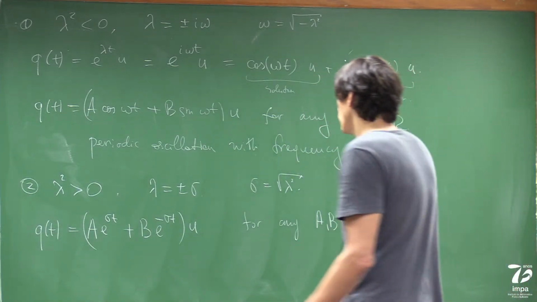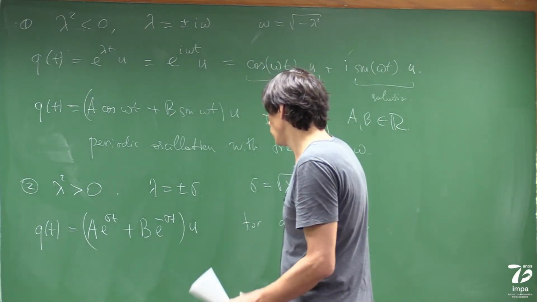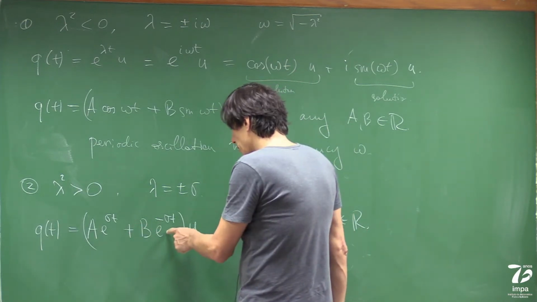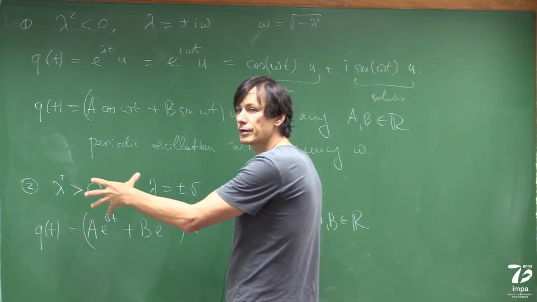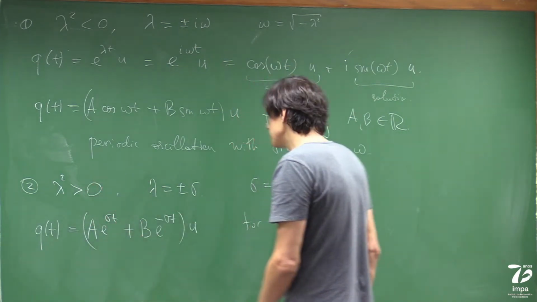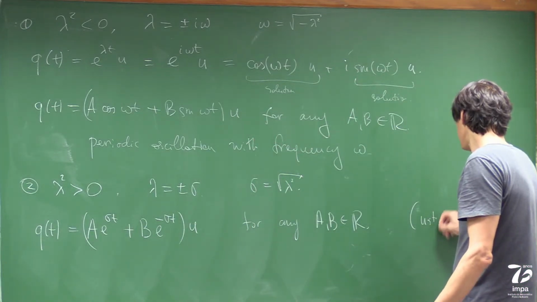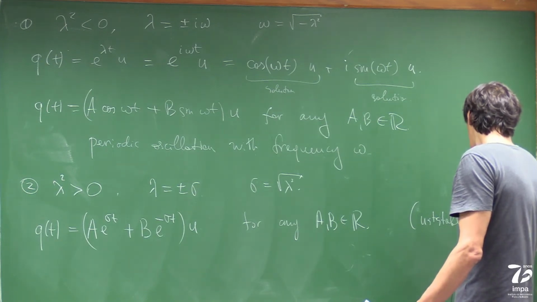What happens is that sigma is positive, so this solution has the following form. The second term at large times becomes 0, and the first could increase without limit. So this is an unstable solution.